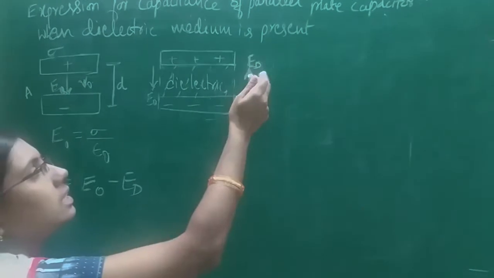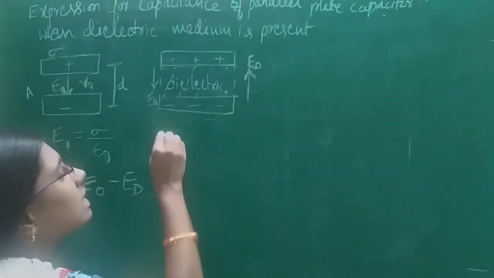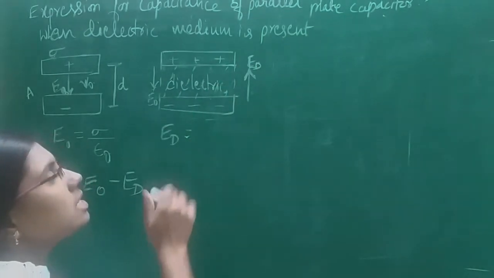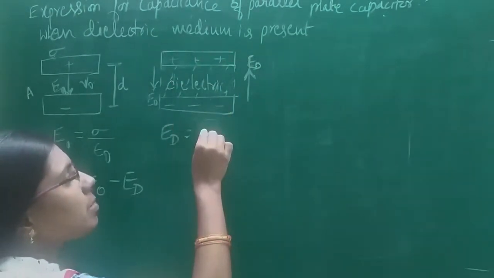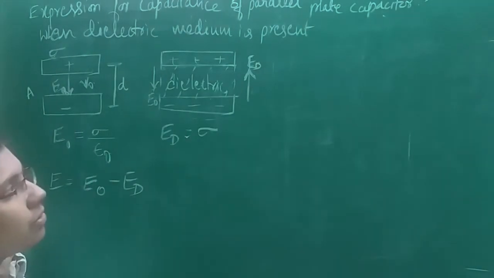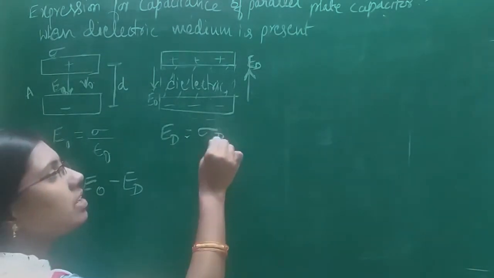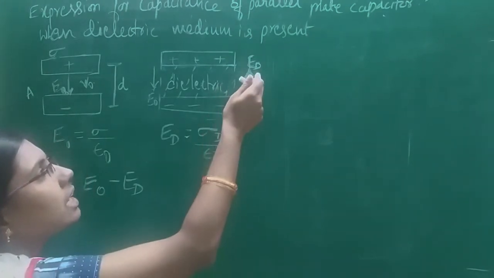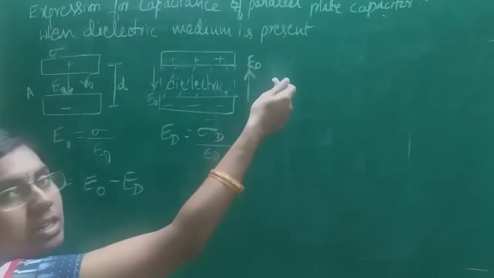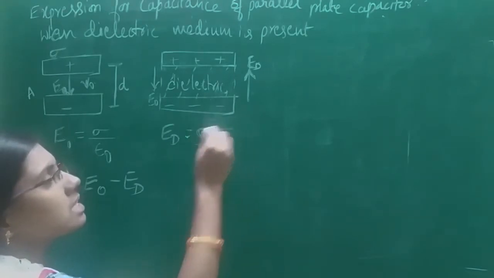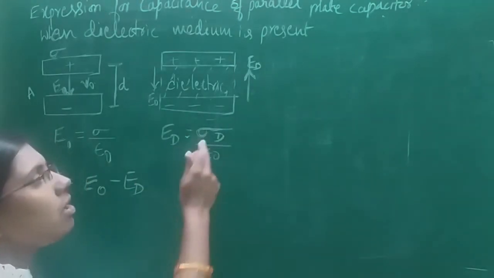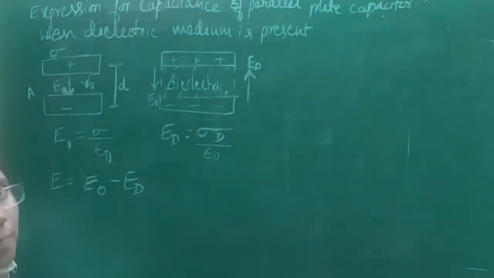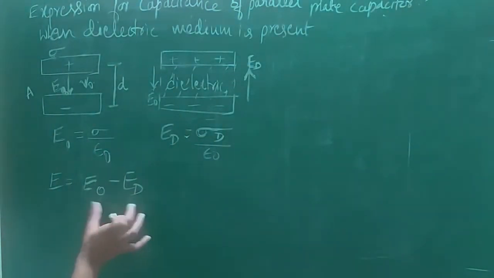The induced electric field due to dielectric polarization between the two plates is given by sigma d by epsilon naught. This electric field is developed due to induced dipoles, where sigma d is the surface charge density of the dielectric. Now substitute these two values in this equation.